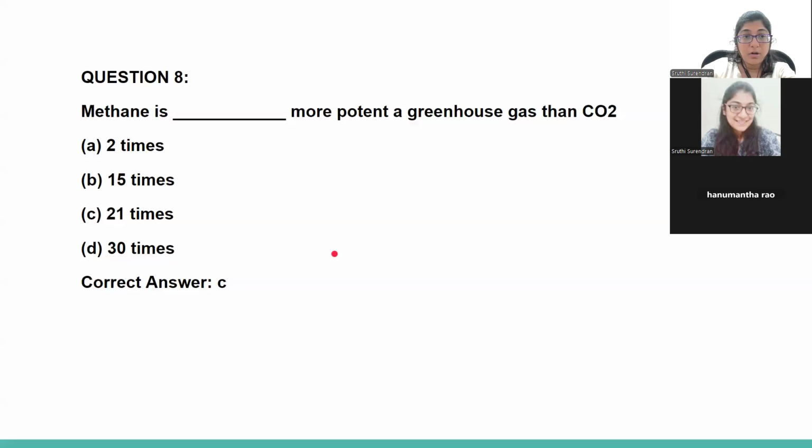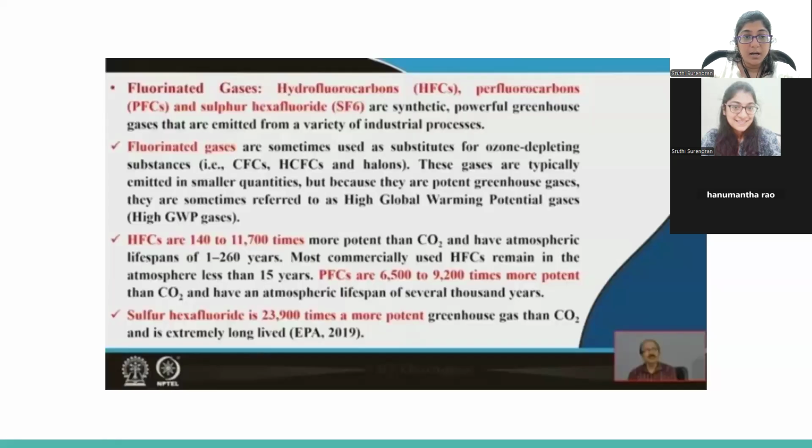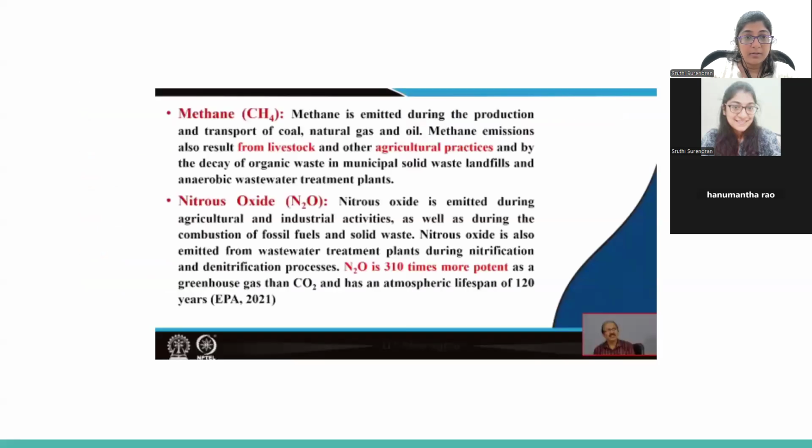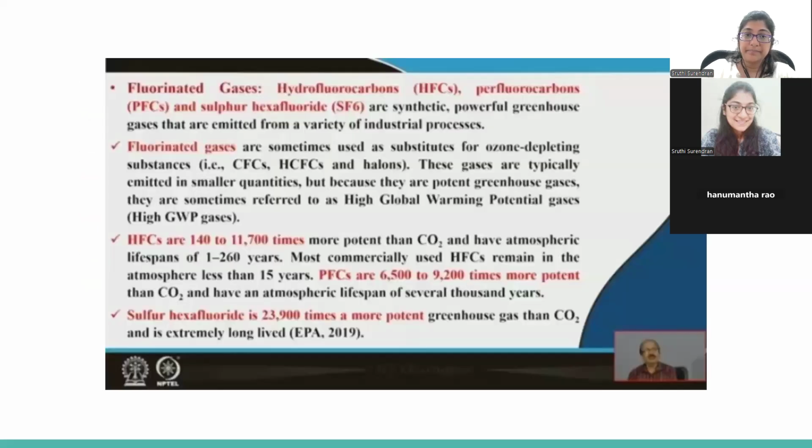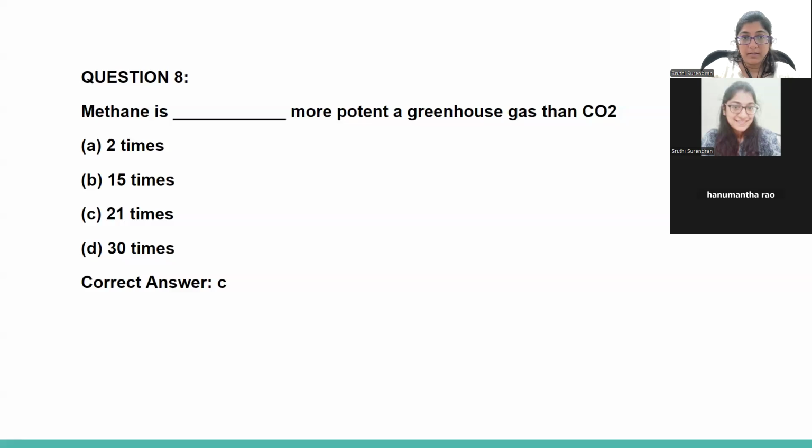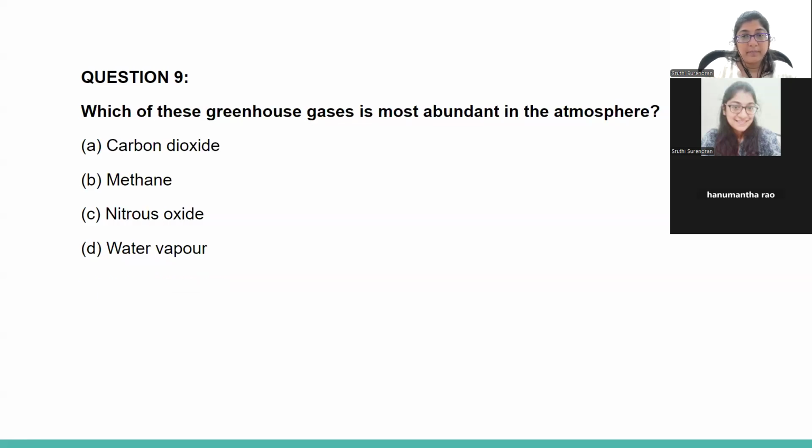So this is what we mean when we say that a particular greenhouse gas is more potent than carbon dioxide, and methane is 21 times more potent. I think the highest is sulfur hexafluoride, then hydrofluorocarbons, then nitrous oxide, and methane. Methane is comparatively less harmful in comparison to the other greenhouse gases.